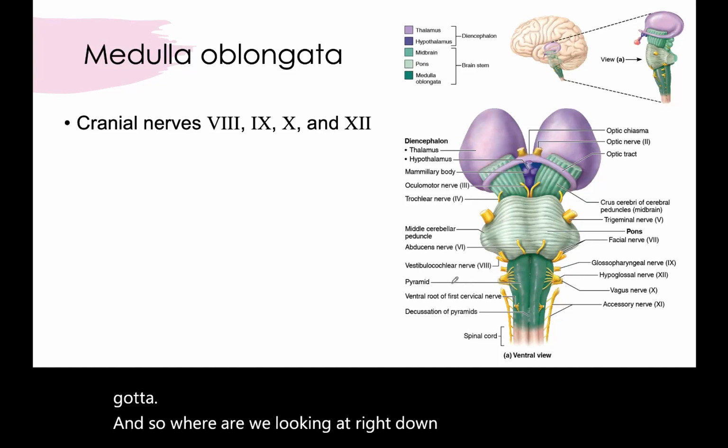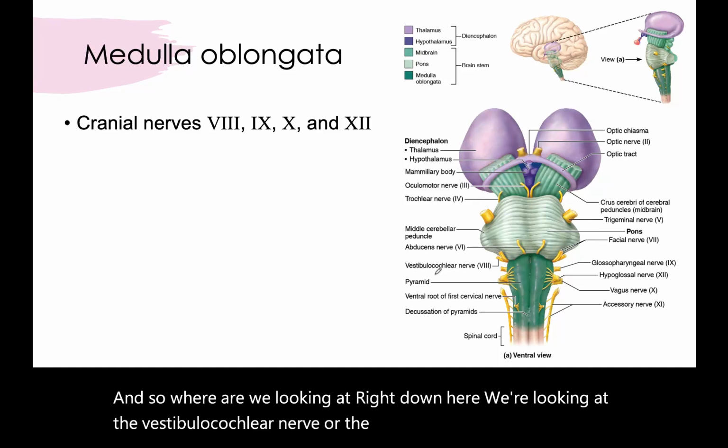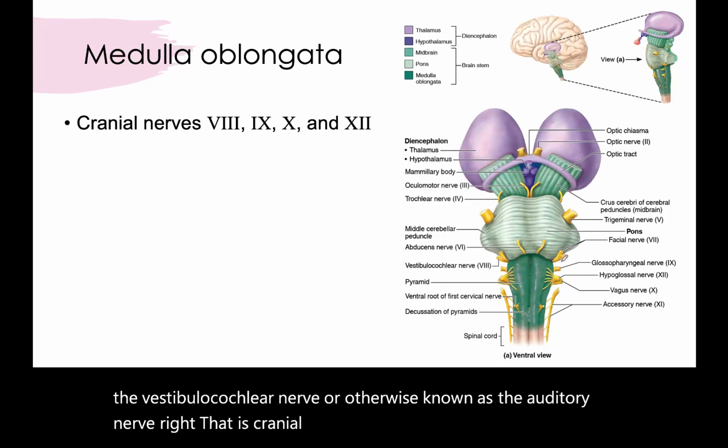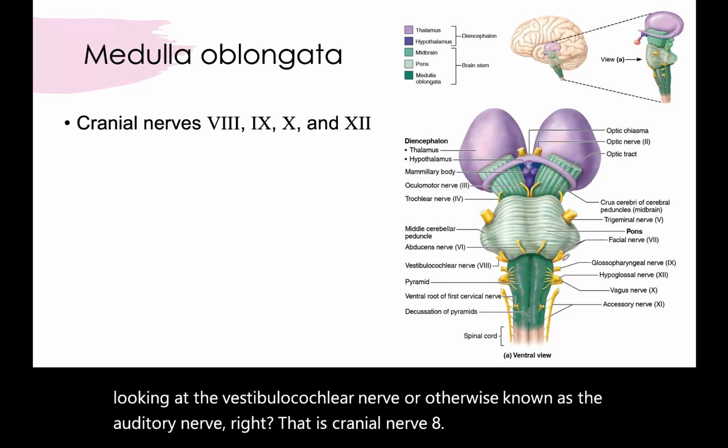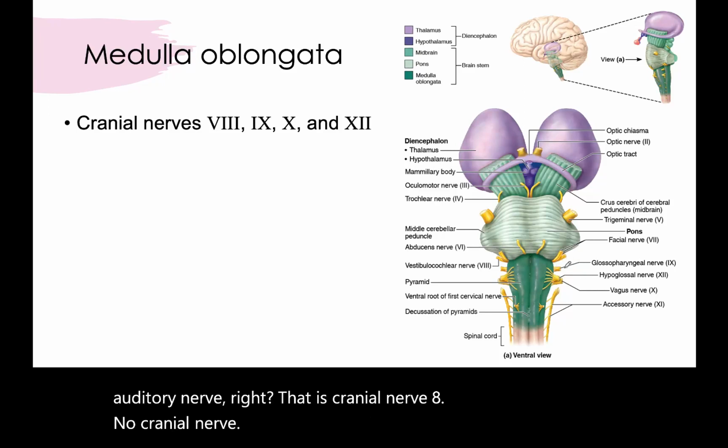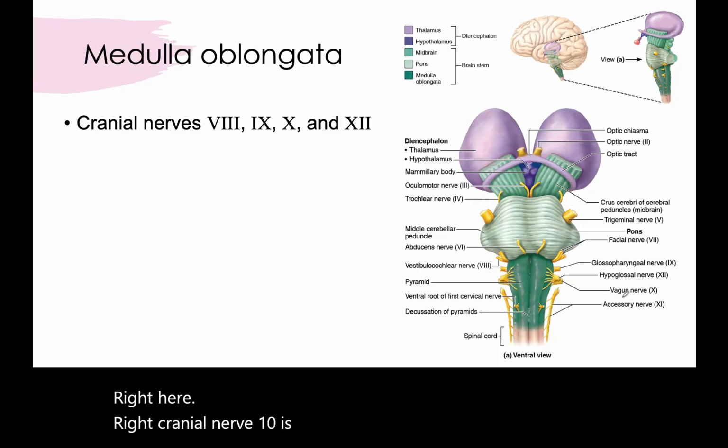Well, we are looking at the vestibulocochlear nerve, otherwise known as the auditory nerve. That is cranial nerve 8. Cranial nerve 9 is the glossopharyngeal nerve, right here. Cranial nerve 10 is my favorite nerve. That is the vagus nerve, right there.